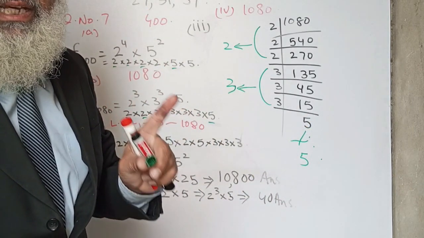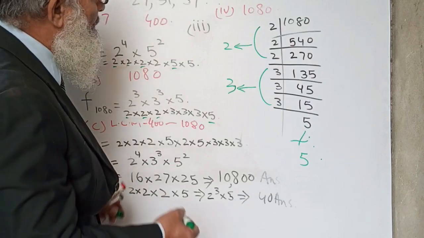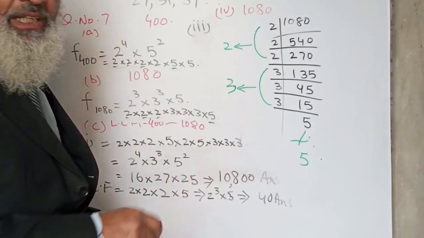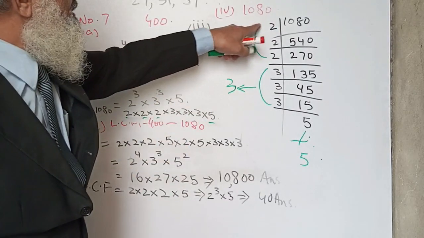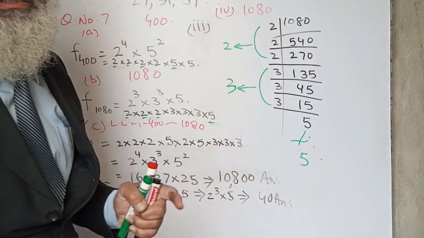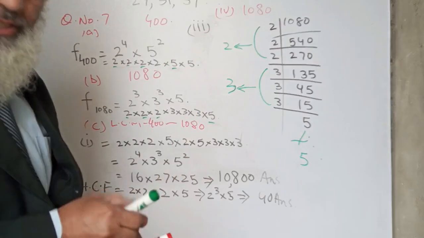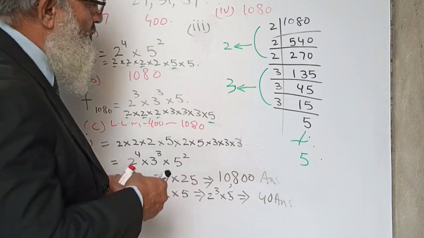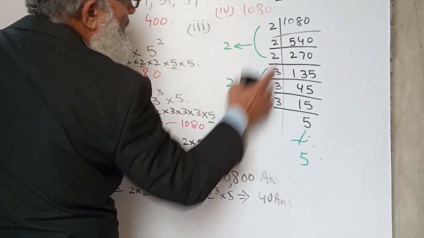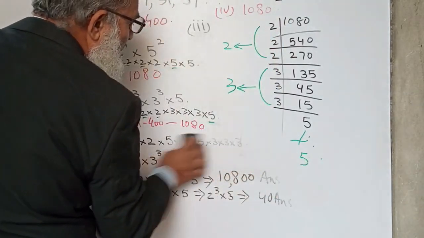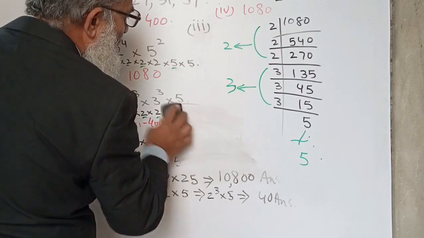Here the 5 is alone, and therefore the inference is that 1080 is not a cube number. We can write this answer somewhere over here.